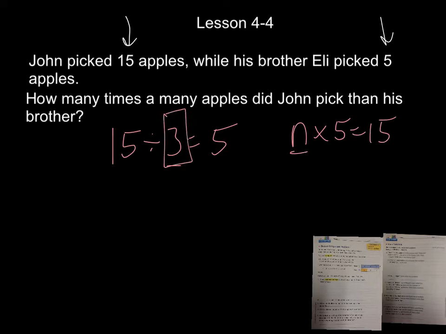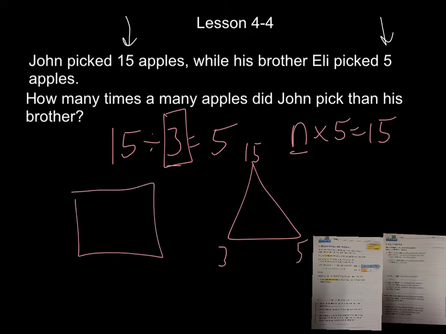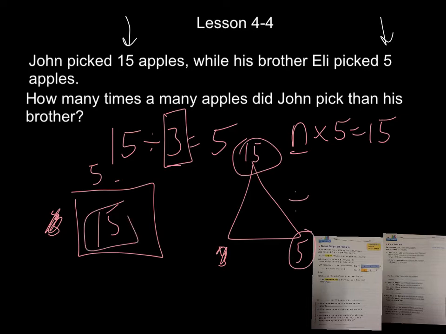If you're looking at the family, you would have the 15 up top, and the 3 and the 5 down low, or if you had the rectangle, you'd have the 3 on the side, the 5 and the 15. If you didn't know that was 3, you would just take the bigger number, divide it by one of the factors. Same with here, you'd take the biggest number, the product, and divide it by 5 to get the other missing number.